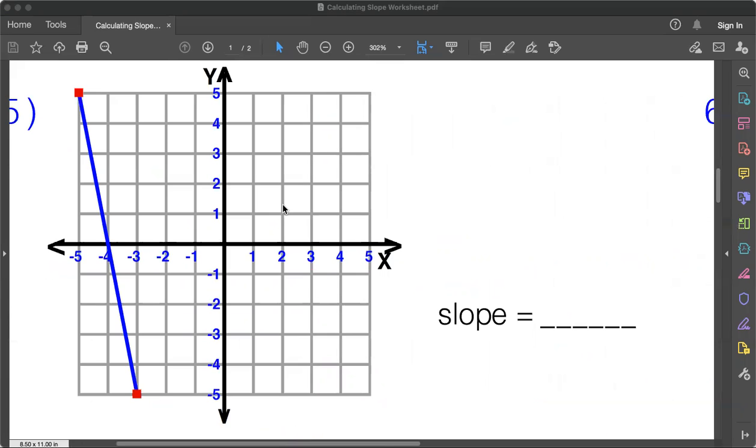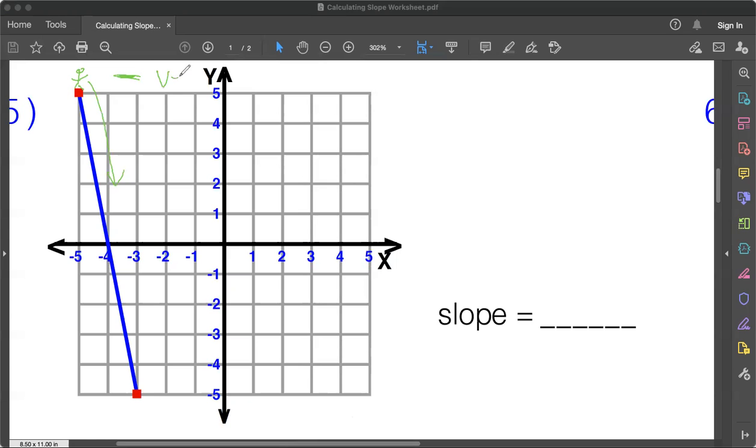How could you tell that's negative though? Because I'm tumbling down the hill. I'm going down. My guy is from the left most part of this hill, up here, and he's going down the hill. Down is negative.